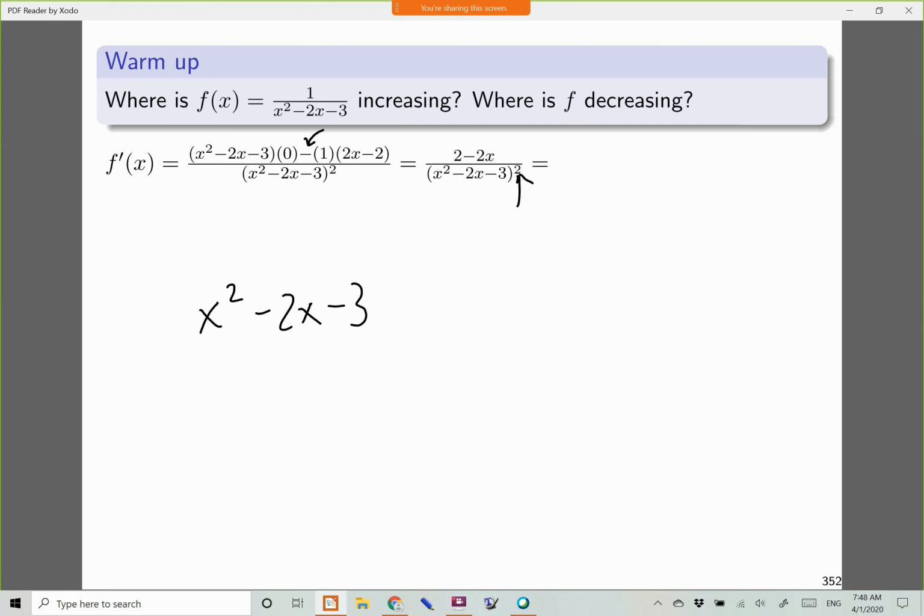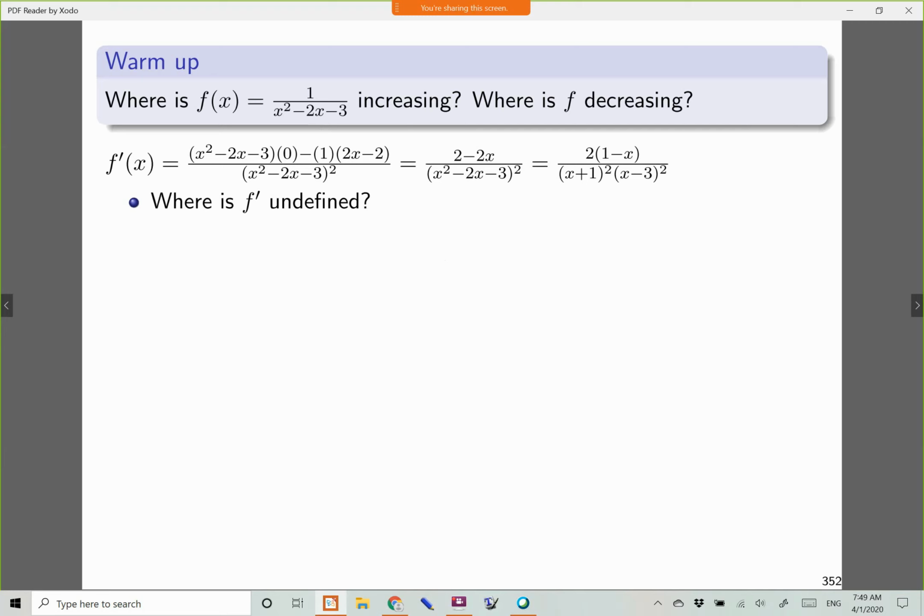Whatever your normal factoring for this is, if you have a square, then that's the same as this thing squared, and when you have a multiplication here, you can distribute that square. So all in all, it looks like this. You'd have an x plus 1 times an x minus 3, but you have another factor of x plus 1 and another factor of x minus 3 anyway, so just write those each as squares.